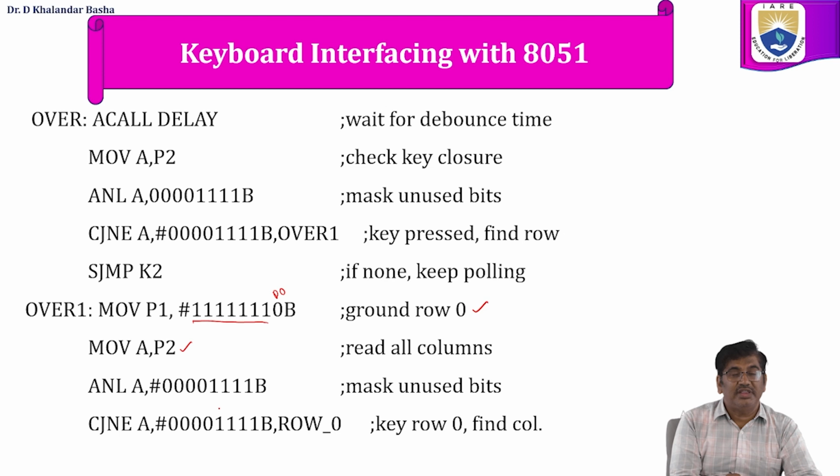Again we AND the columns with the lower 4 bits, D0, D1, D2, D3, with 0FH, as the upper bits are don't care. Then we compare the accumulator content with 1111. If these two are not equal, that indicates a key corresponding to row 0 is pressed.